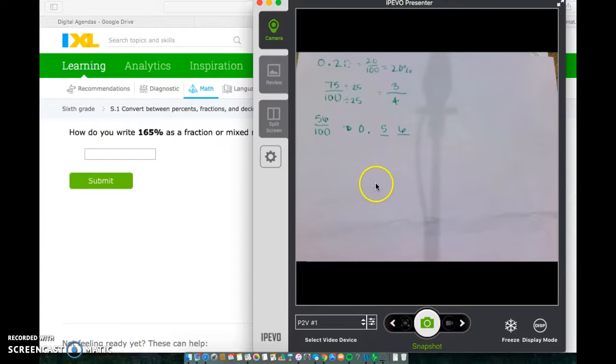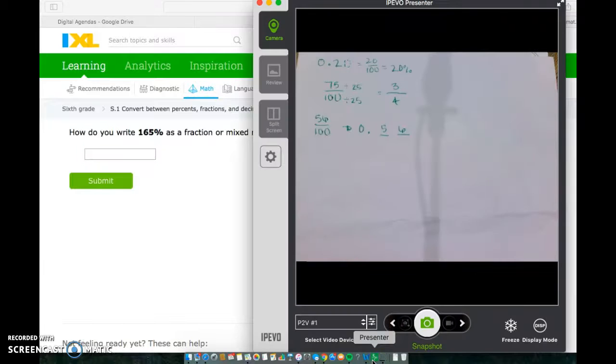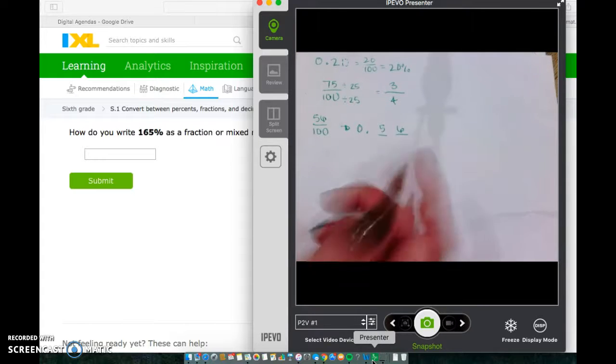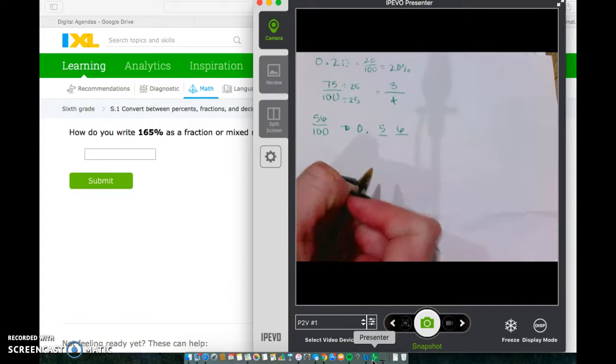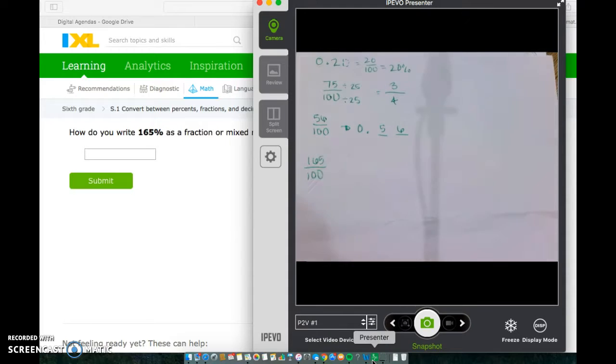165% as a fraction or mixed number in simplest form. Let's just start with the fraction, and then we will work towards the simplest form part. 165%. It is still a percentage, so it is still out of 100. It doesn't matter that it's over 100.